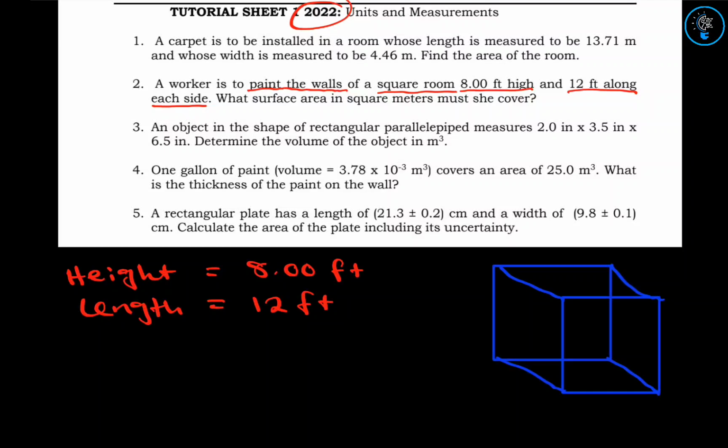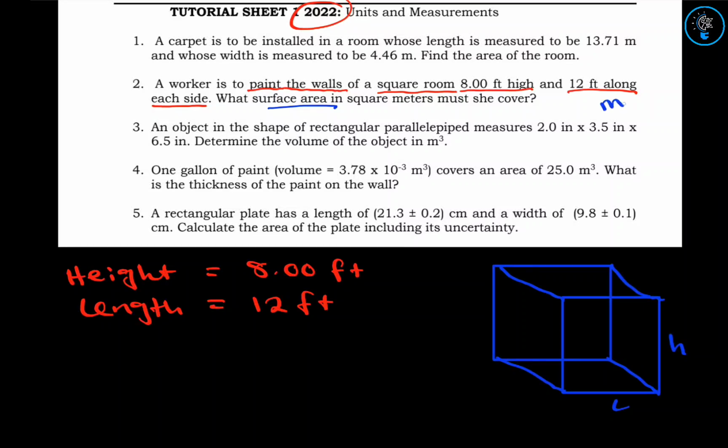We have this particular room. Then we've been given the height and we're given the length. Then we are told to state the surface area in square meters.